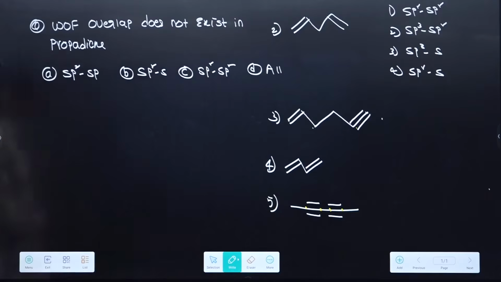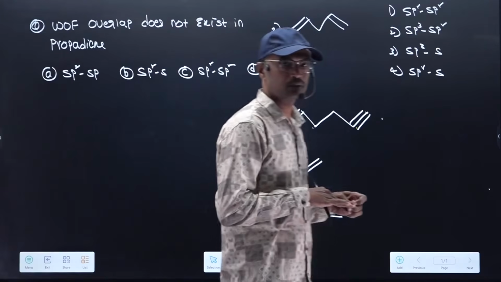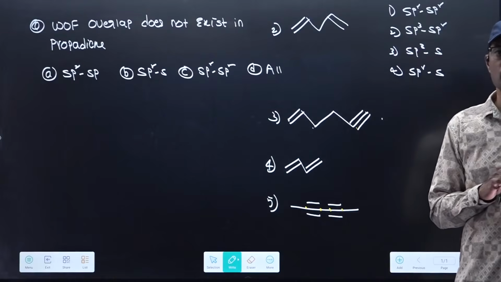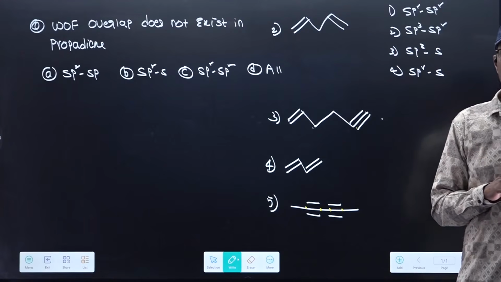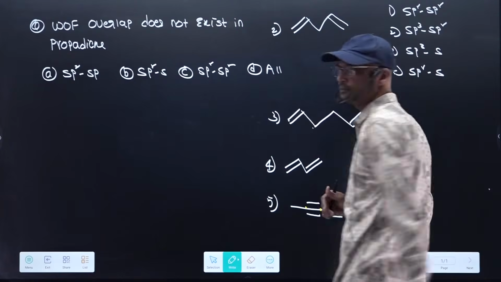Which overlap does not exist? The name propadiene I gave, with respect to that name, you need to write the structure. So after writing the structure, write down the hybridizations involved in each carbon, then see the overlap. Which overlap does not exist, that you need to select among these three.